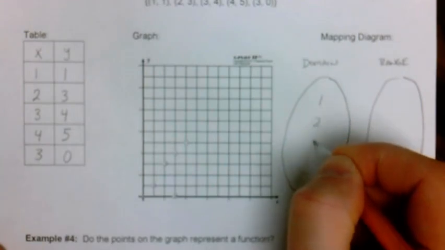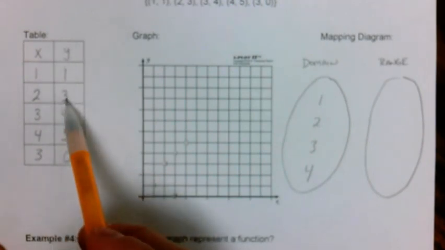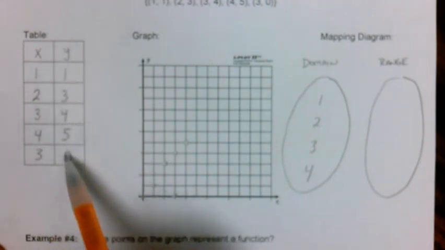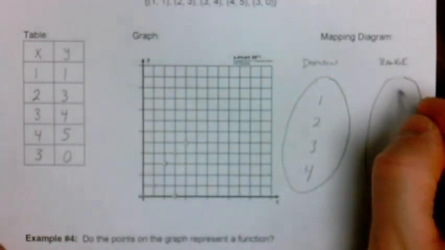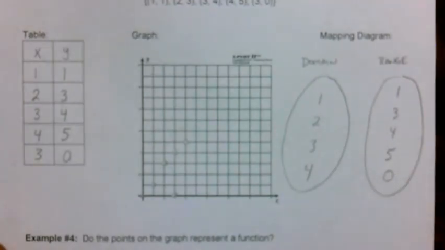So just 1, 2, 3, and 4. The range values are your output values, which are the Y values, 1, 3, 4, 5, and 0. None of those numbers show up more than once, so we'll put them all. 1, 3, 4, 5, and 0.